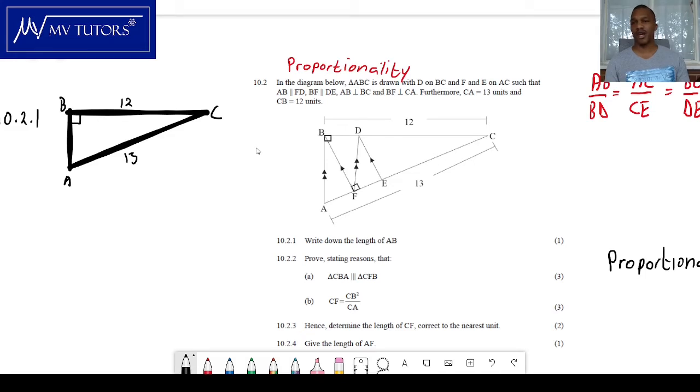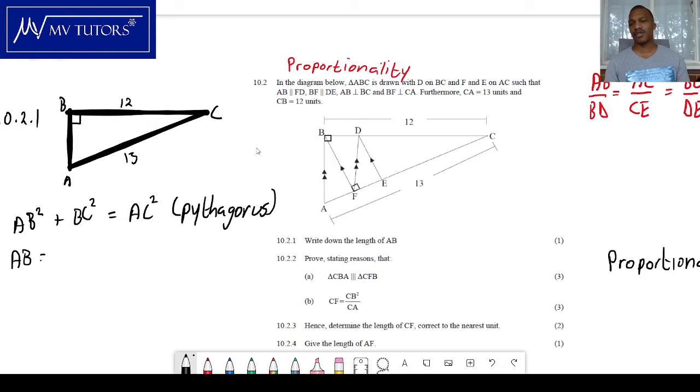Pythagoras says AB squared plus BC squared is equal to AC squared. That's Pythagoras. Okay, so AB is what I'm looking for, right? So that's going to be the square root of AC squared minus BC squared. Now this is just mathematical gymnastics.